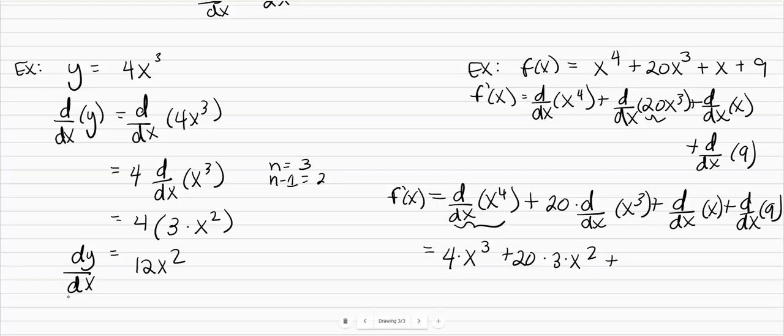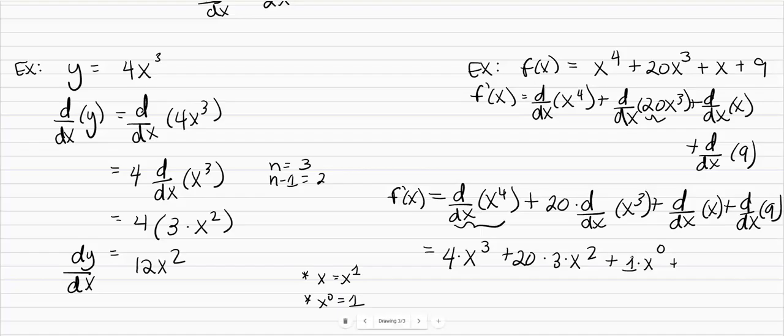Plus the derivative of my x. Just to keep in mind here, x is just the same thing as x to the 1 power. So the derivative becomes 1 times x to the 0 power. Recall that x to the 0 power is 1, because anything to the 0 power is 1.